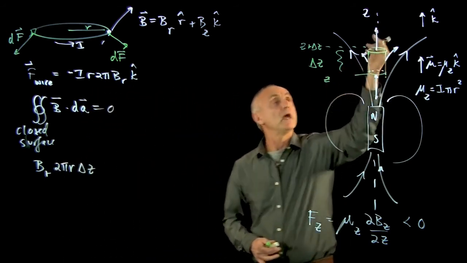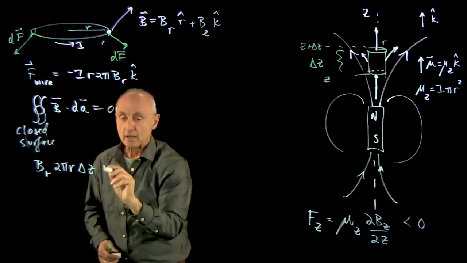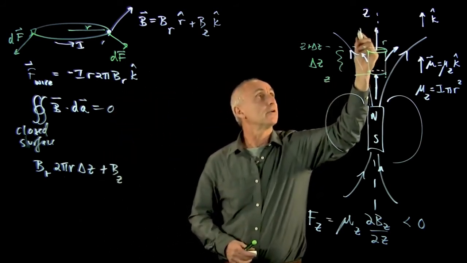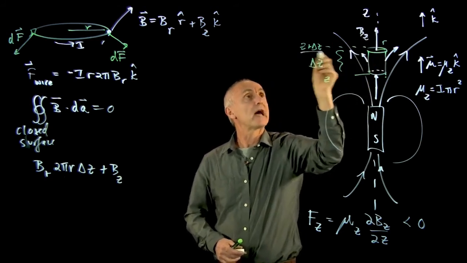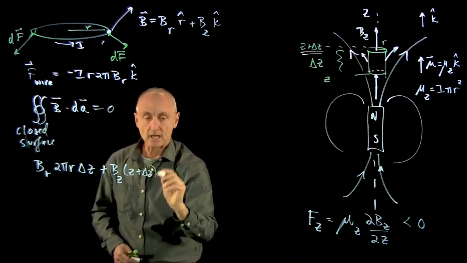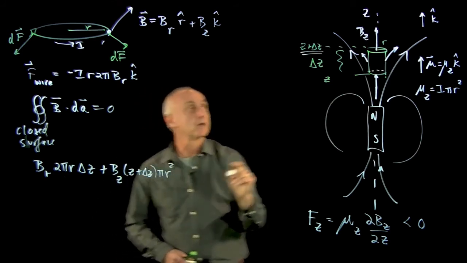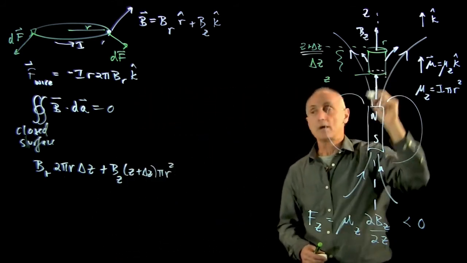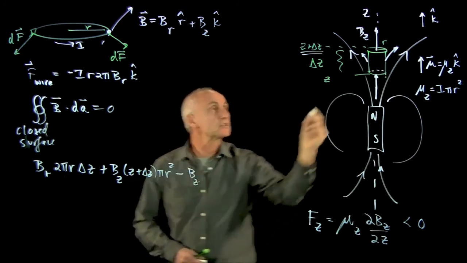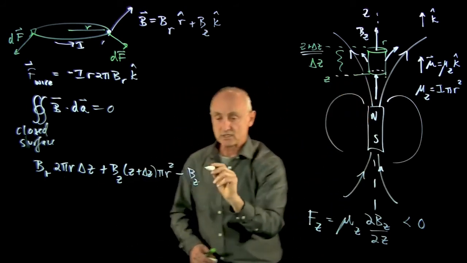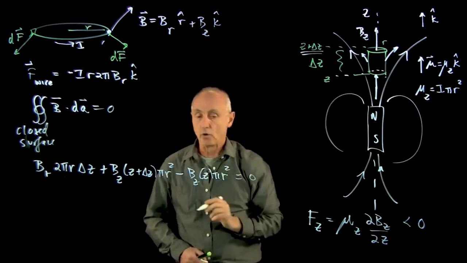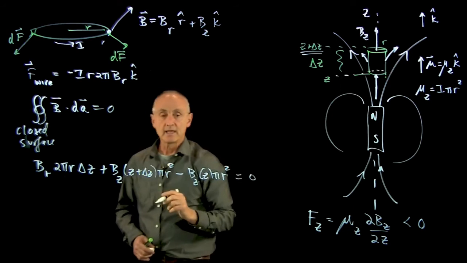Up here, we have flux coming out. Now, I'm going to write that as B, the z component, which is perpendicular. But remember, this is at the point z plus delta z. And that's times the area pi r squared. And here, I have flux coming in. And so that's minus B of z, but this is only at the point z, times the area pi r squared. And all of that is 0.